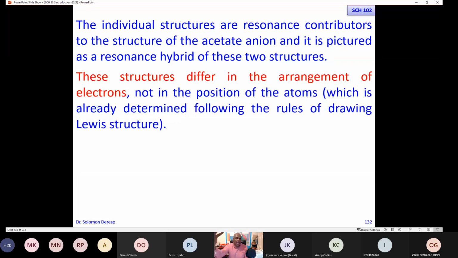Should it be on the upper oxygen or the lower oxygen? That's the only difference. In one case, the additional lone pair is on the lower oxygen; in the other case, it is on the upper oxygen.